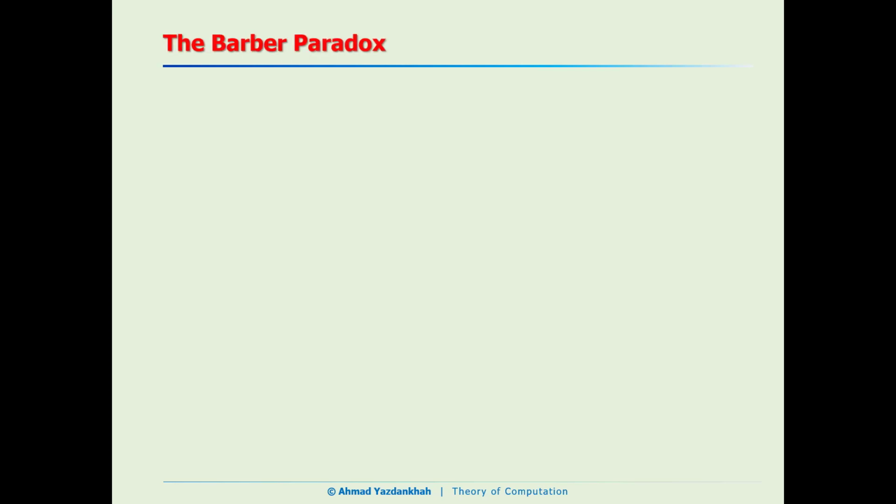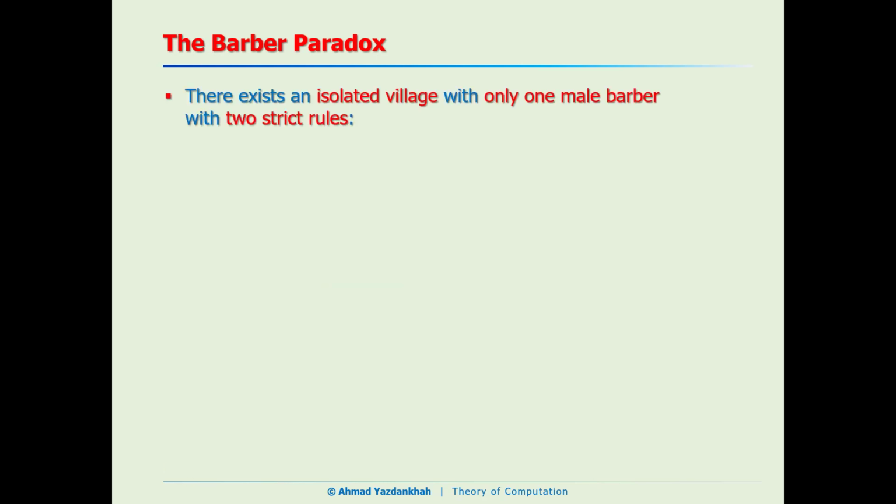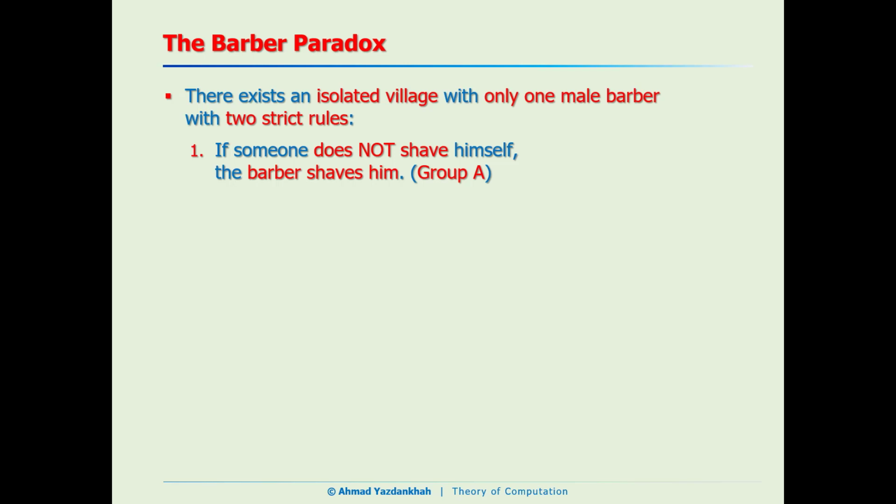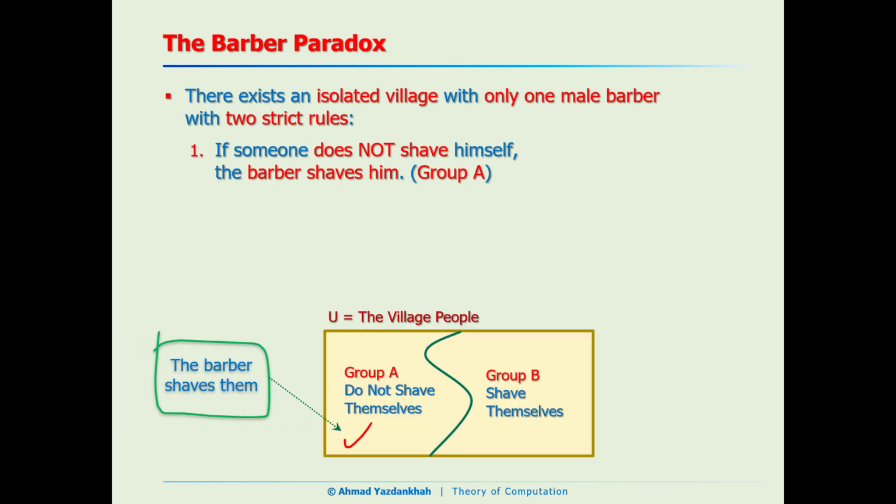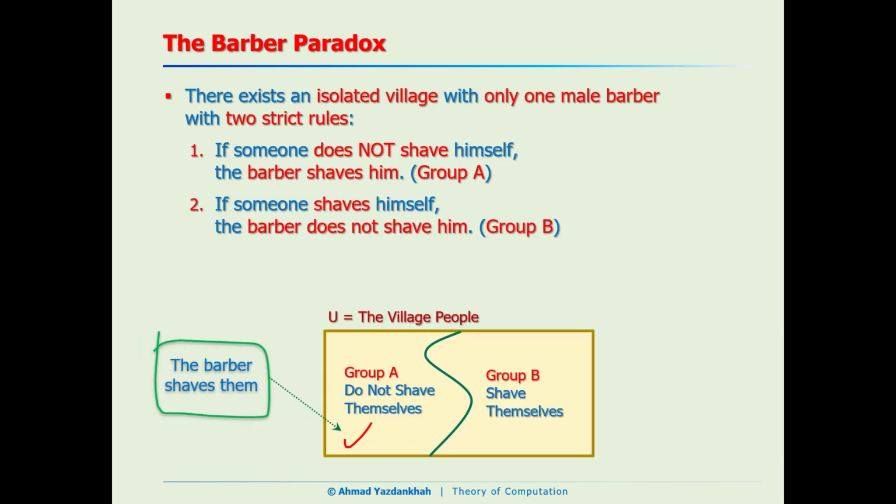Another paradox is the barber paradox. It's a very famous paradox. Let's say there is an isolated village with only one male barber. In this village, there are two very strict rules. If someone does not shave himself, the barber shaves him. Let's call them group A. And rule number two is if someone shaves himself, the barber does not shave him.